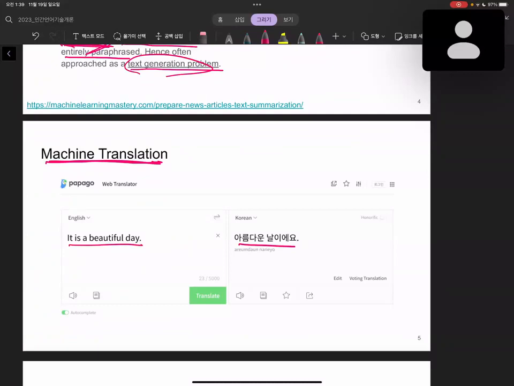Of course, it is not quite effective for long sentences, but for a single sentence, sometimes machine translation is much better than a human. Ten years ago, machine translation was a very, very difficult problem. But now, thanks to deep learning, we can enjoy improved machine translation methods.